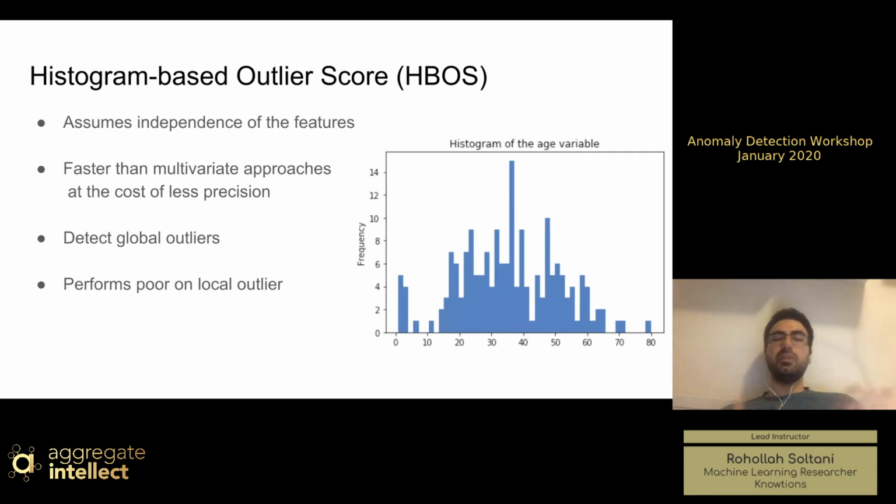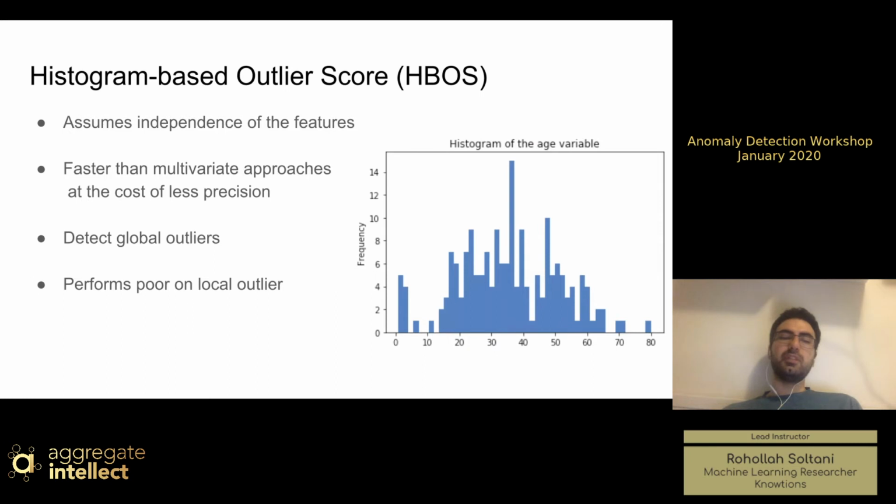If you have multiple features, you multiply those numbers together, and then you should be able to compute a score for your anomaly. So it's basically the inverse of the height of that bin multiplied together for your different features, and then you will have your score. This is one of the non-parametric models because you're not assuming any distribution of your data. You're just making a histogram of your features.